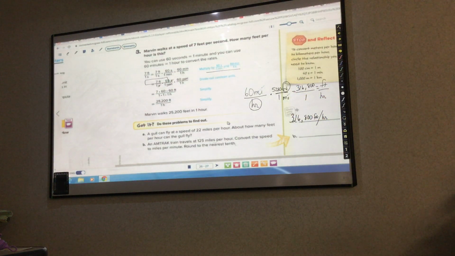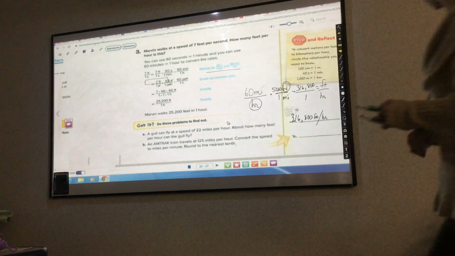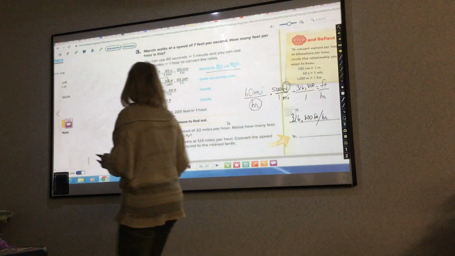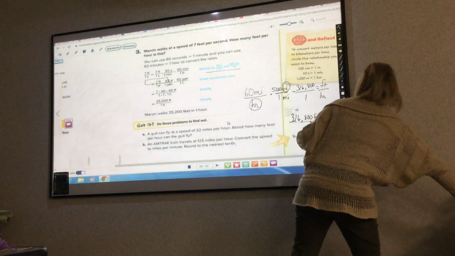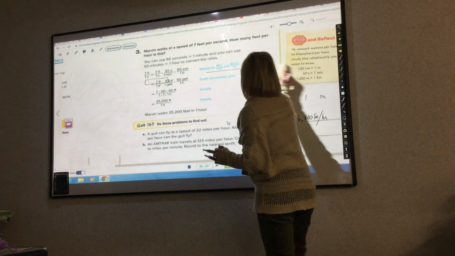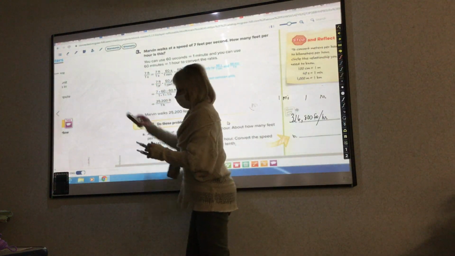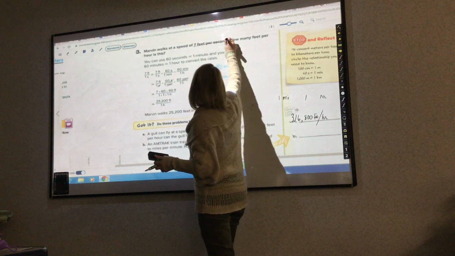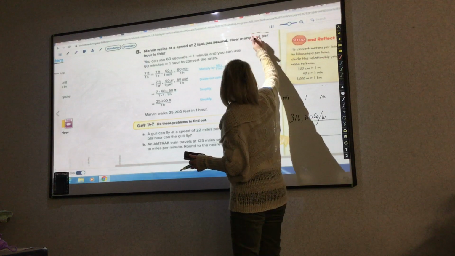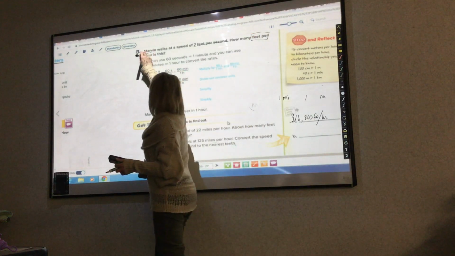Marvin walks at a speed of 7 feet per second. So what am I going to do with that? Underline it, 7 feet per second. Then I'm going to put a box around what? Feet per hour.